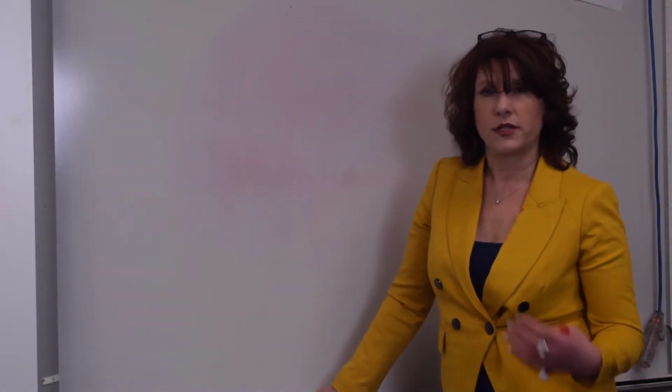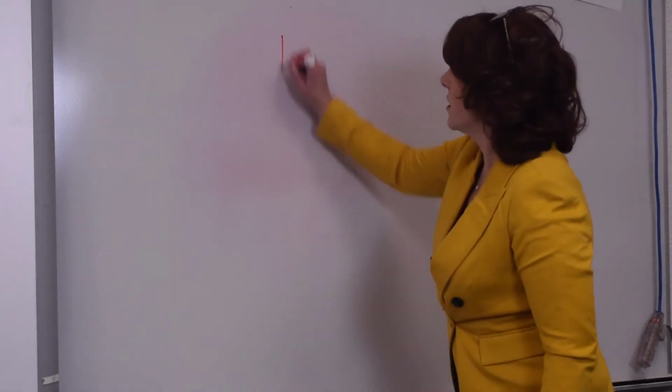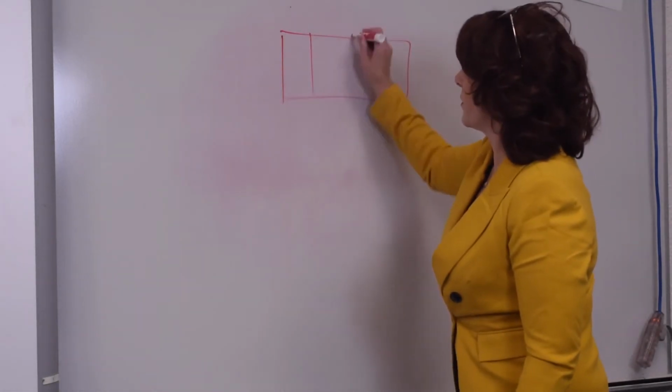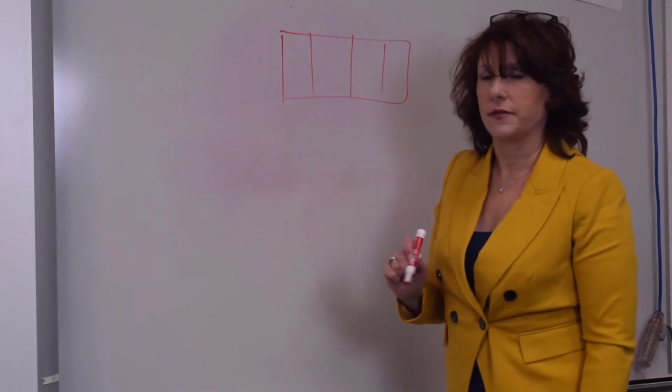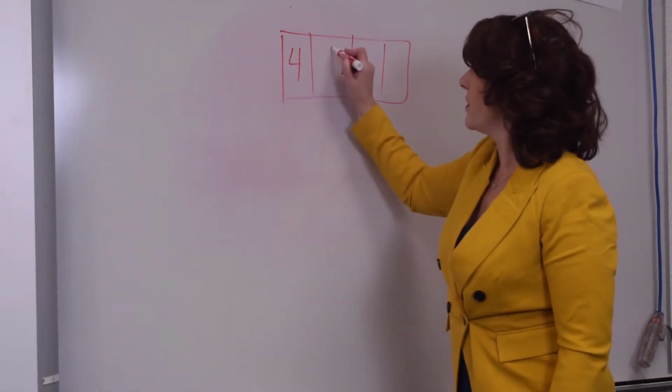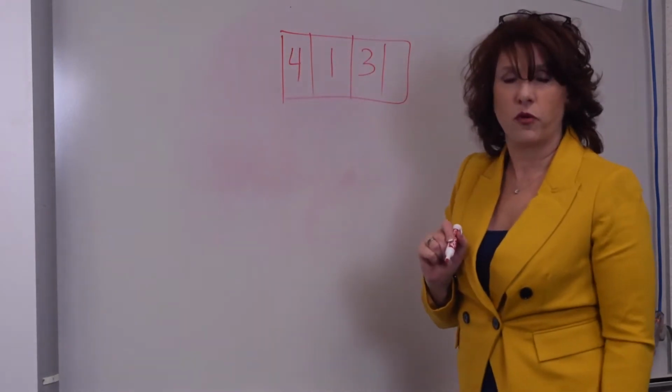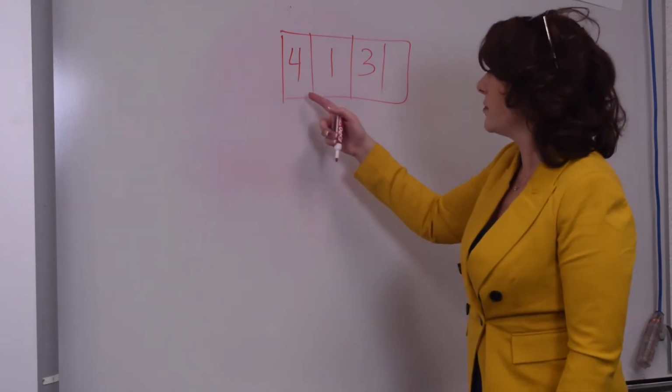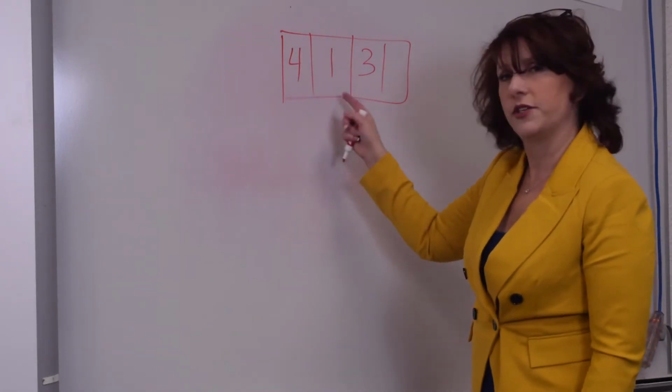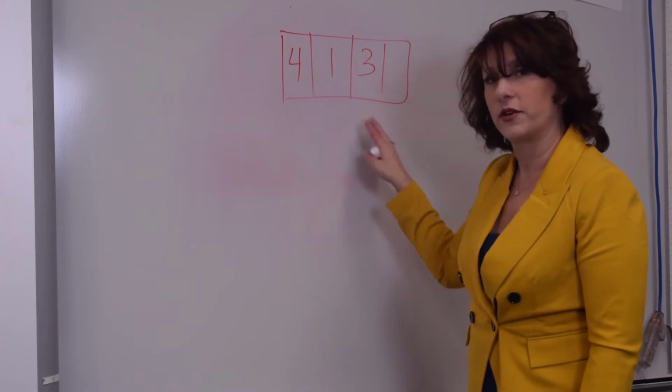descending, or not. For instance, on the sheet, the children would have had a rectangle with several boxes inside. There may have been this sequence given, 4, 1, and 3. The child would have to quickly look at that and determine that it is in ascending order or is not.